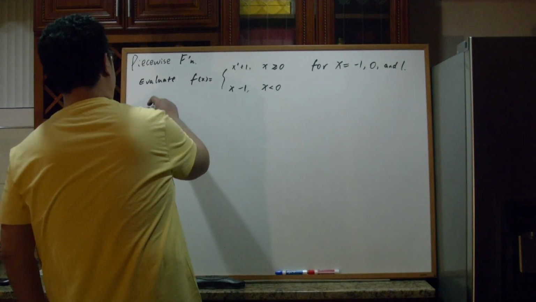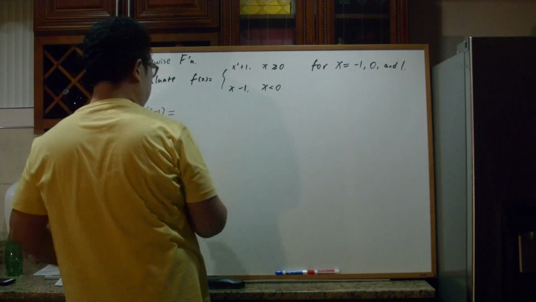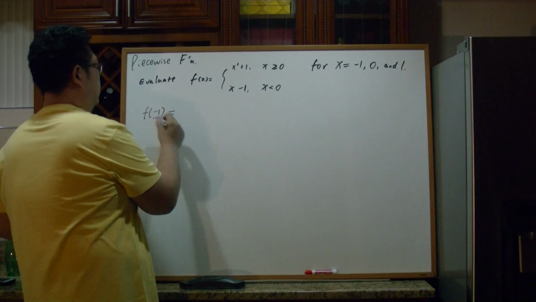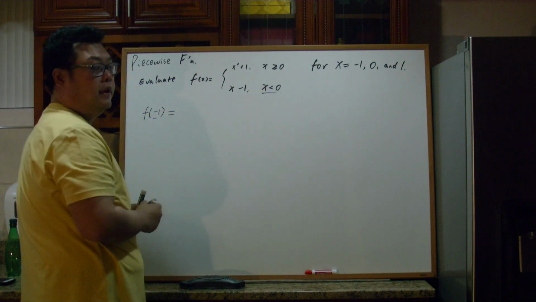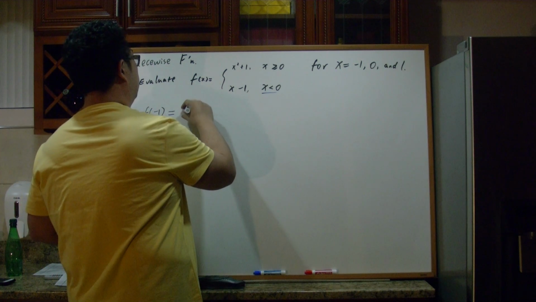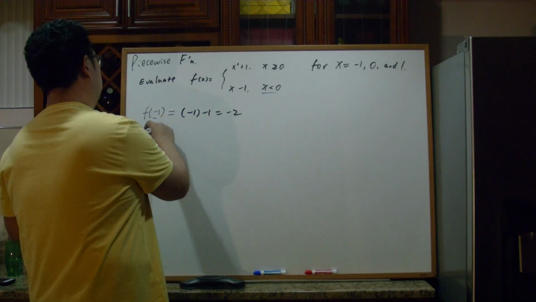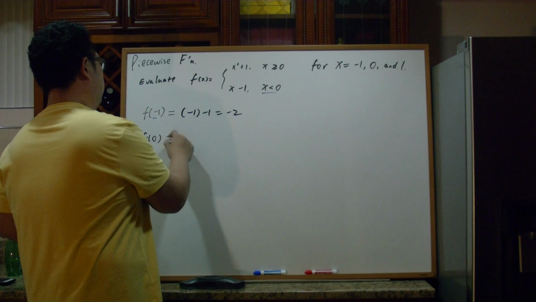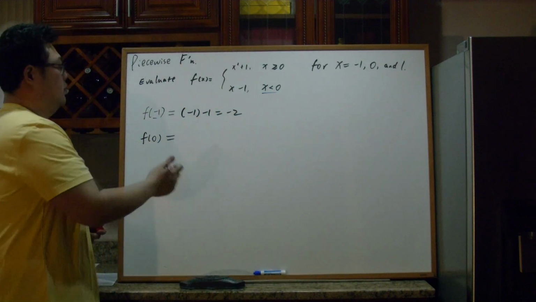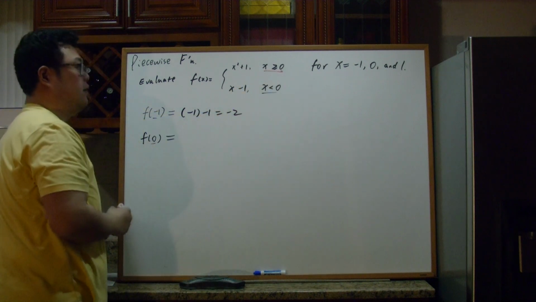So f of -1: -1 is in the piece where x is less than 0. So we use the second piece to evaluate: -1 minus 1 is -2. F of 0: the 0 falls in the first piece, x greater than or equal to 0.